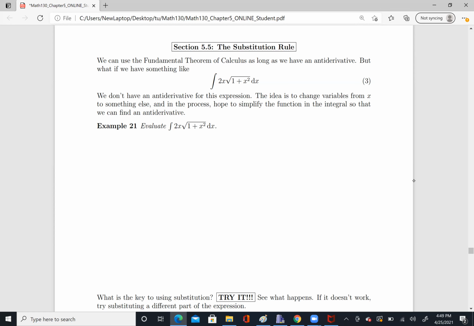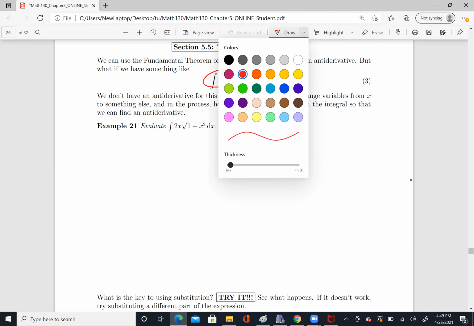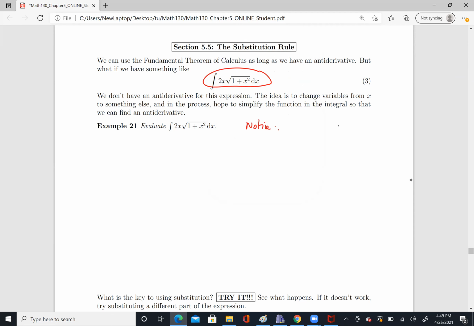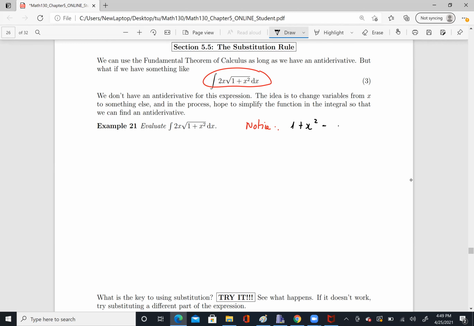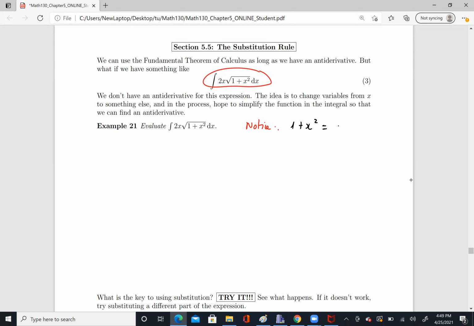And in here, we actually do evaluate the integral that we are struggling with. From here we also noted that 1 plus x squared, the derivative of this will be equal to 2x.